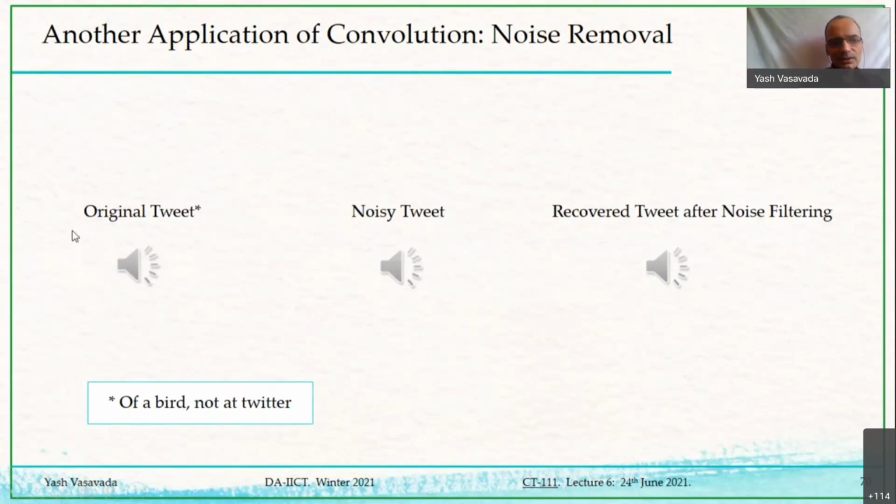But what this example says, and I'll put this slide on our Google Classroom today, and then you can listen to this on your own. So this is a bird's tweet. You will hear the sound of a bird chirping. The second one is the noisy tweet.